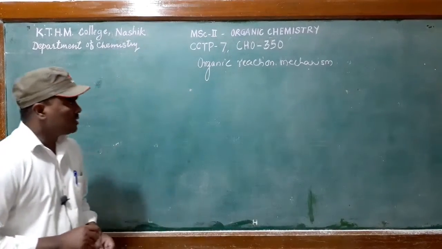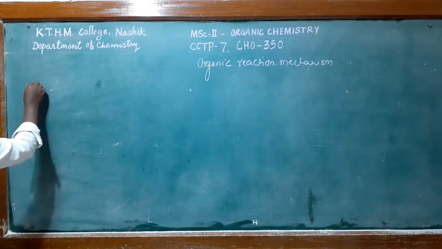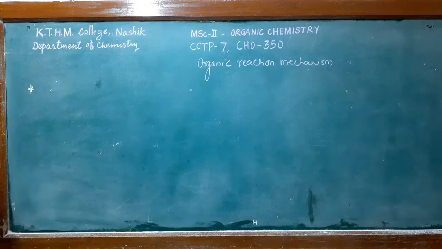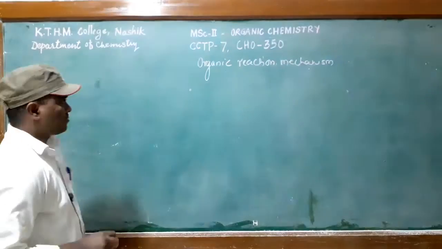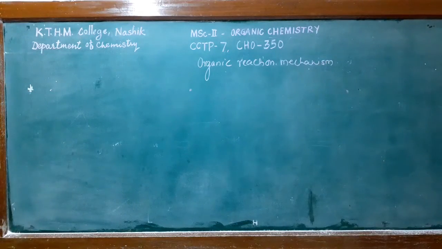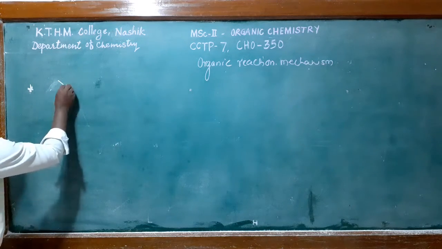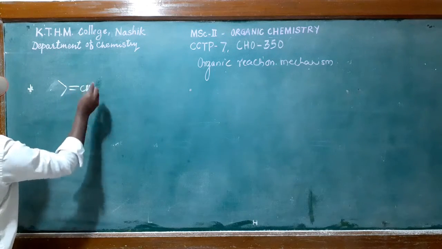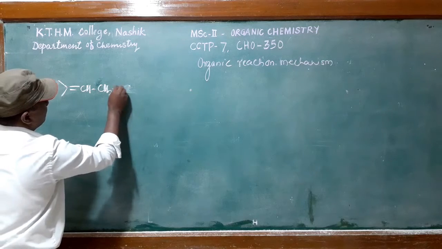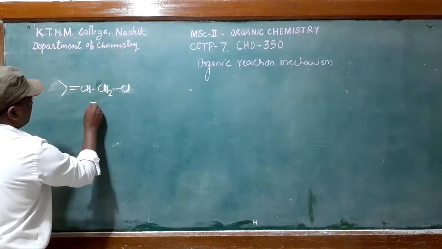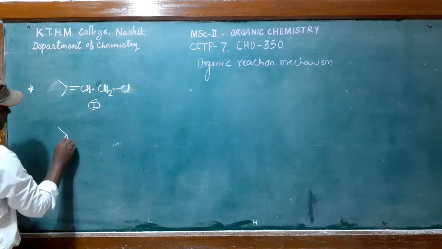So in continuation, today we will discuss some examples of how the product and the side product or impurity are useful in determining the reaction mechanism. The example is the hydrolysis of this isomeric chloride, that is one, and another isomer is this.